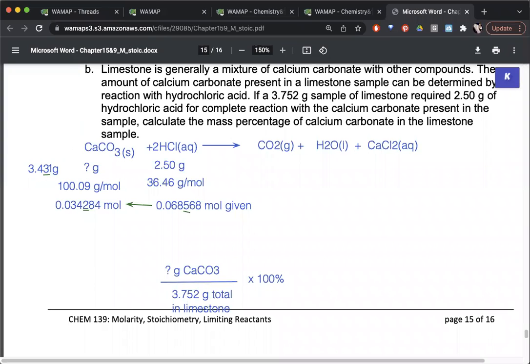Okay, so I'm going to plug that in down here. So that calculator answer, divide by 3.752 times 100 equals 91.45%.